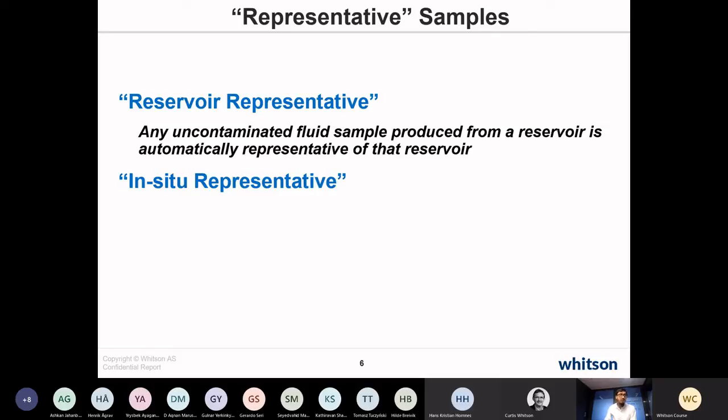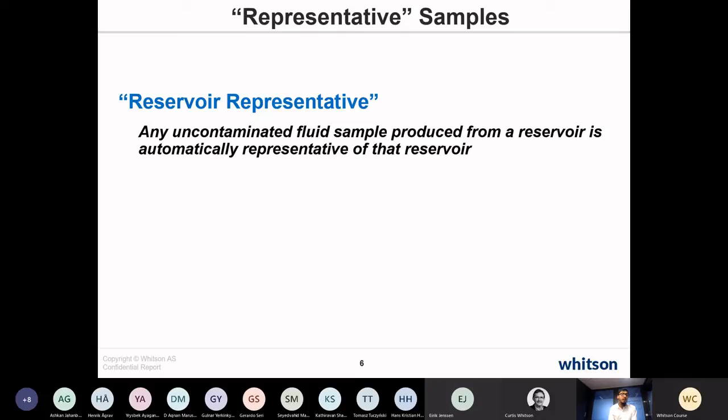Eric Jensen here. Can you define uncontaminated? It's not always so clear. Yes, by uncontaminated we mean here that the sample should not be contaminated with oil-based mud.